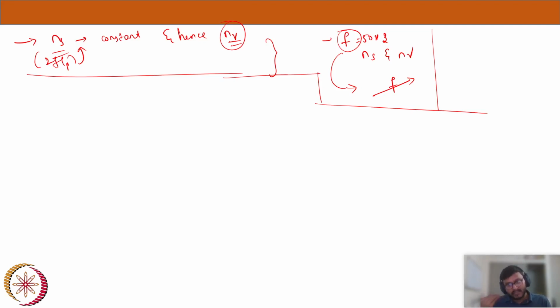We will further see that with such a system, we can solve the starting methods problem also. Last week we discussed different methods for the starting problem. Even those problems are solved if we use this power electronics converter. That we will discuss later. But first we will see what kind of power electronic system will achieve such good frequency control.